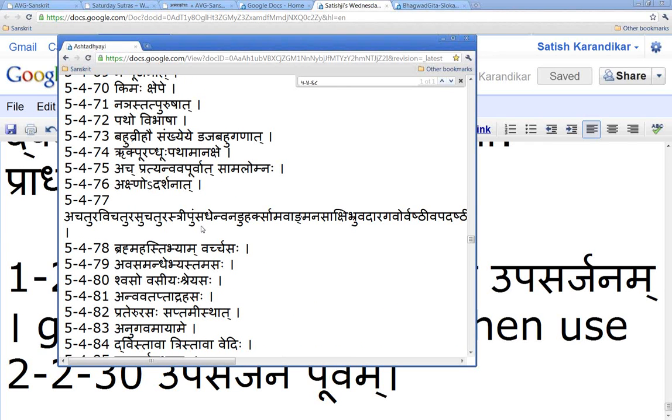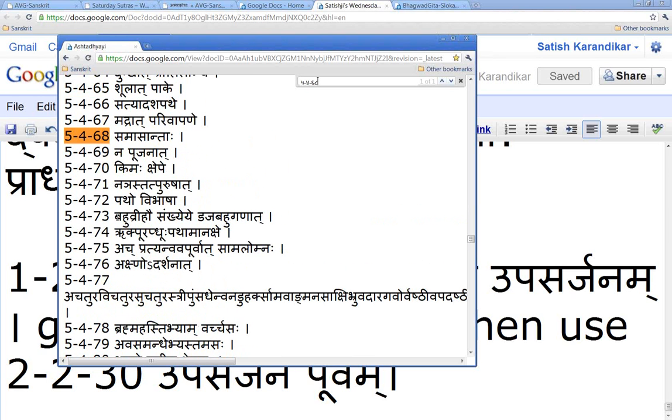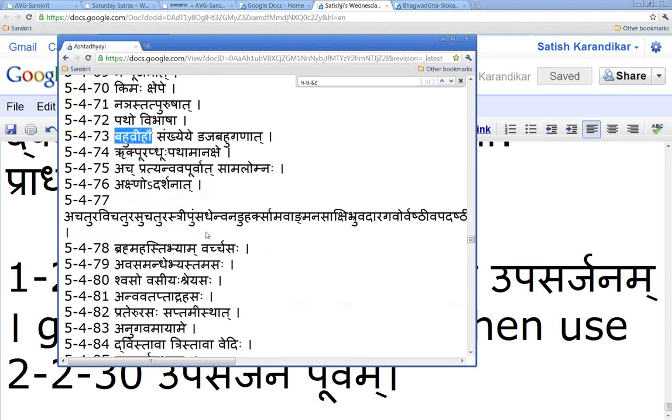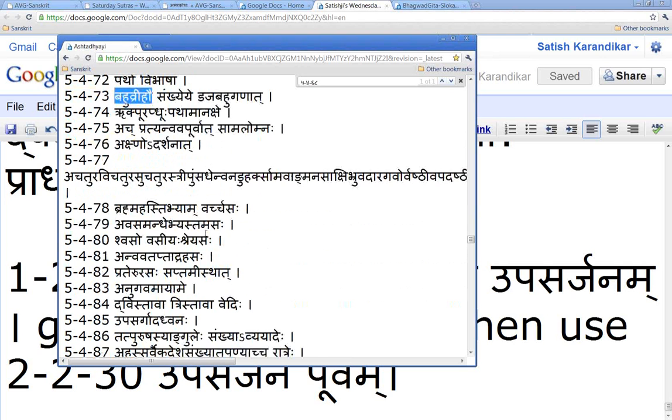So 5.4.86, and that goes up to, I think that's the first one. Before that also he has some specific rules, 5.4.68. In the middle he says Bahuvrihau, but this is only for this one sutram. Then also he has Tatpurushat, also one sutram. But the main thing starts from down here.